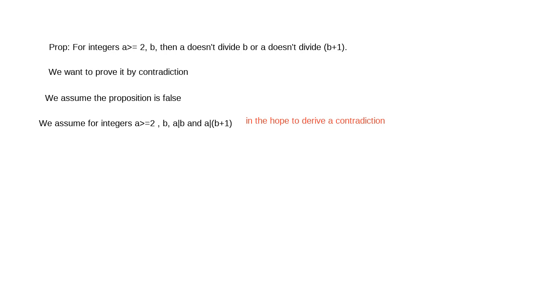So step 1, let me write it in blue color. We assume for integer a greater than or equal to 2, b, a divides b, and a divides b plus 1. So a divides b means b equals to some ac for some integer c.